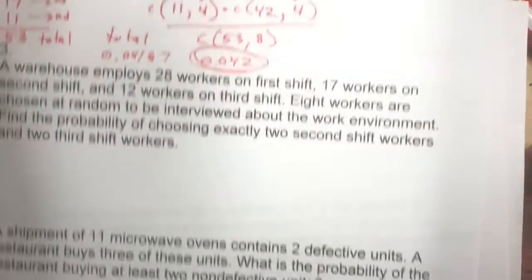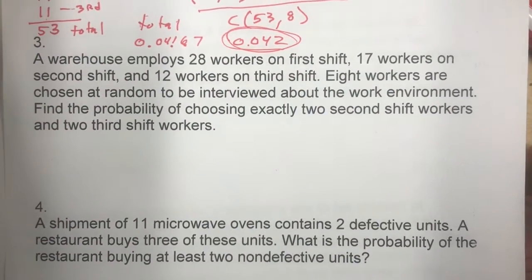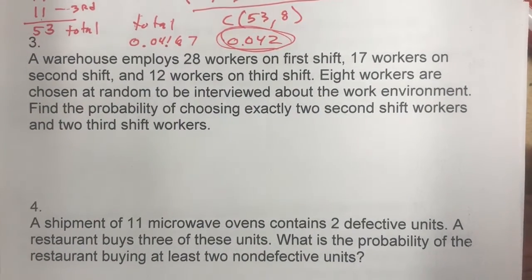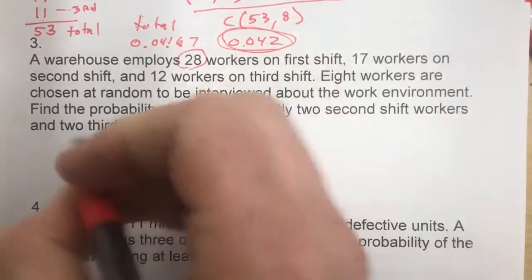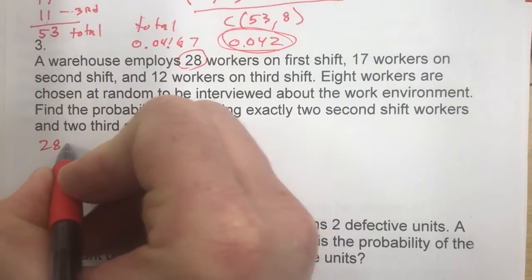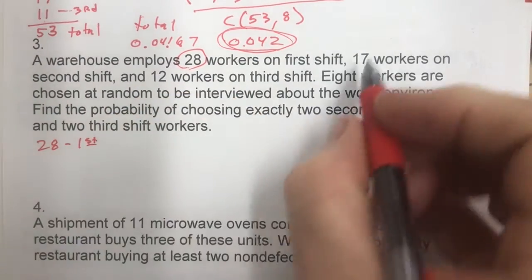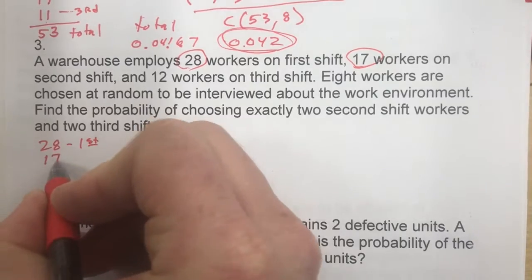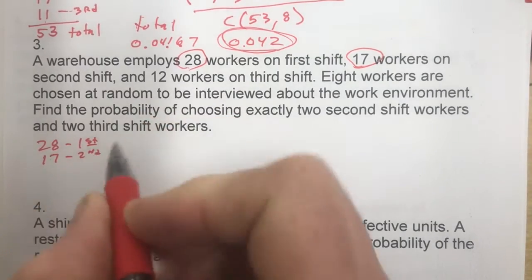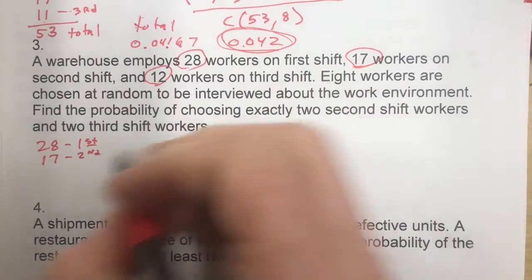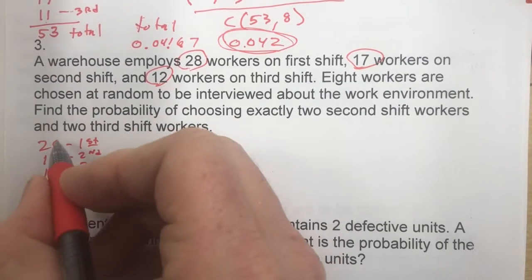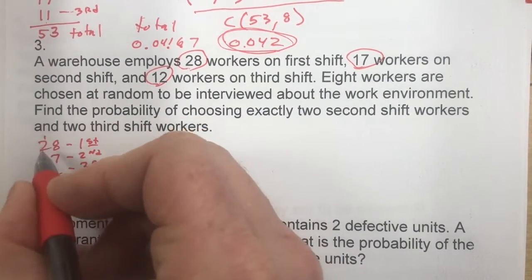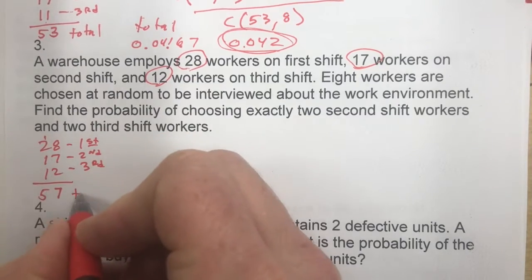All right, go to number 3. Similar type questions, so maybe you'll get the hang of this real quick. This one has 28 workers on first shift, 17 on second, and 12 on third, which means we've got 57 total.